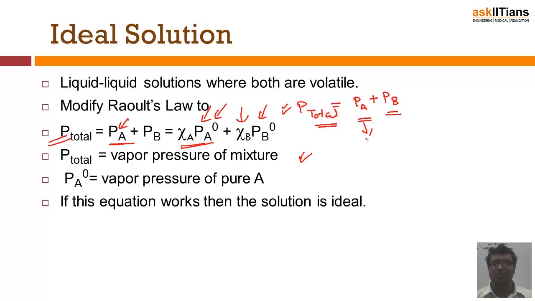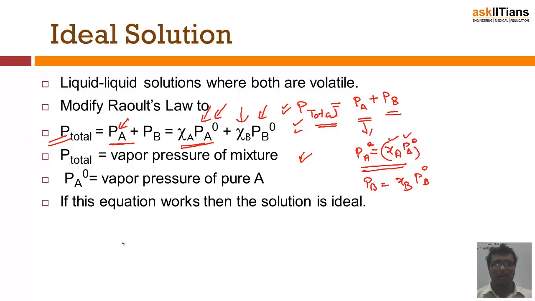The partial pressure can be expressed in terms of vapor pressure when you multiply with the mole fraction of A. So the partial pressure of A will be the mole fraction of A times the vapor pressure of A. Similarly, the partial pressure of B will be the mole fraction of B times the vapor pressure of B. When you club these, you will get the total pressure, right?